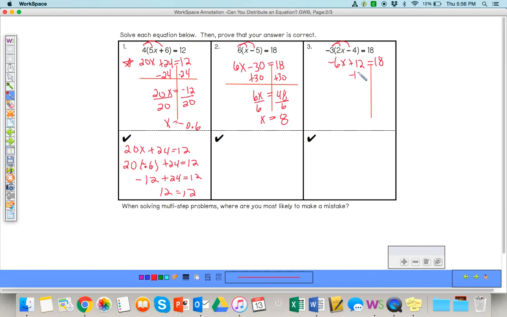We are going to subtract 12 on both sides. We're left with negative 6x equals 6. We divide by negative 6, divide by negative 6, and we're left with x equals negative 1.